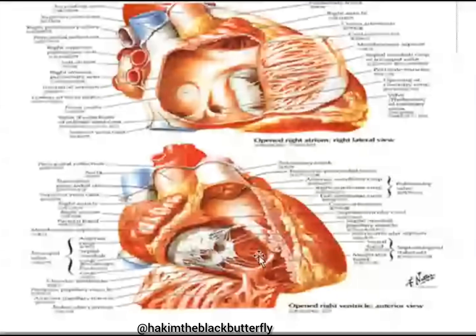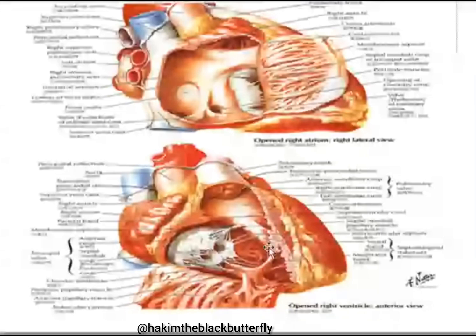There is a muscle, because if this is our left ventricle, it means that this is the septum between the left ventricle and the right ventricle. There is a muscle between the interventricular septum, which goes and attaches to the base of the anterior papillary muscle. This is the anterior papillary muscle because it is attached to the anterior wall.